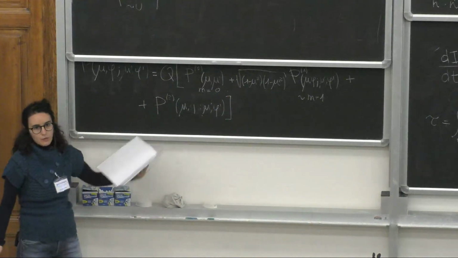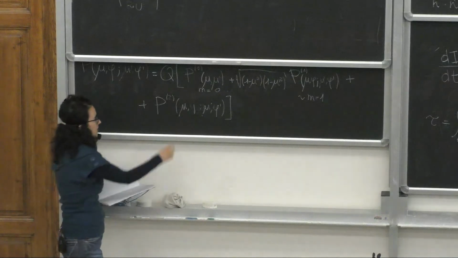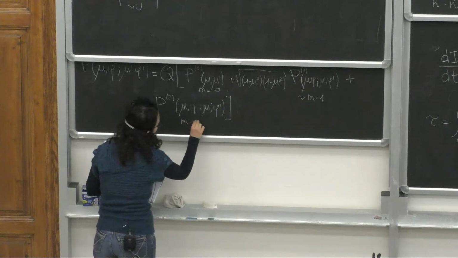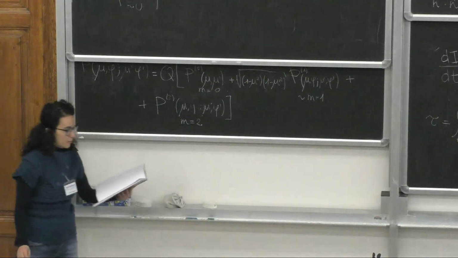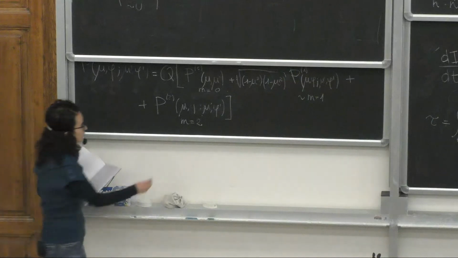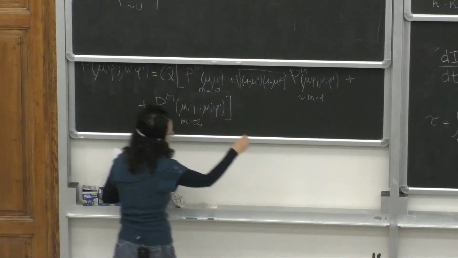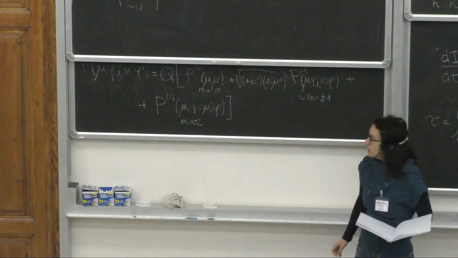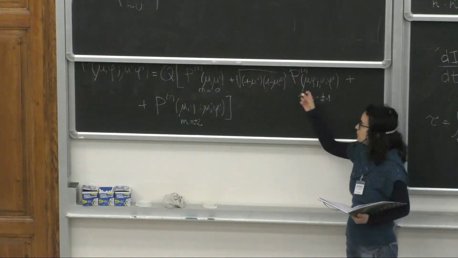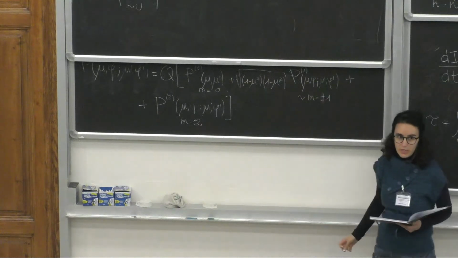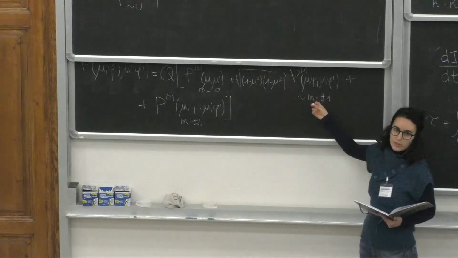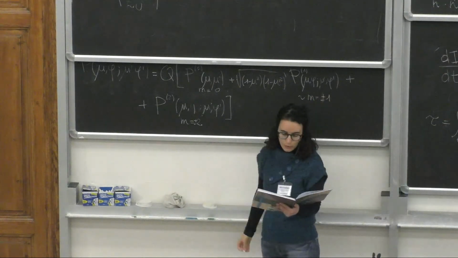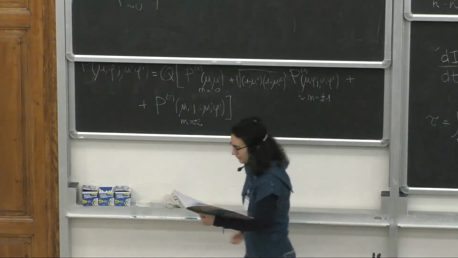And similarly to pi 0 and pi 1, if we expand pi 2, then this pi 2 will only have terms with m equal to plus or minus 2, and this is the same for m plus or minus 1. So these two matrices will be given by the sum of terms with m equal to plus 1 and minus 1, and plus 2 and minus 2.